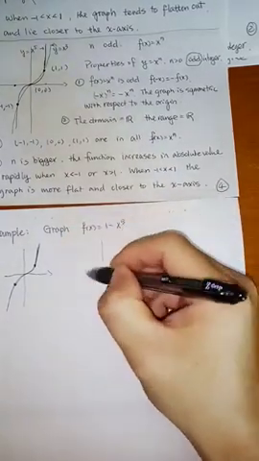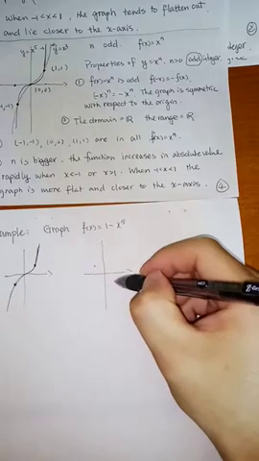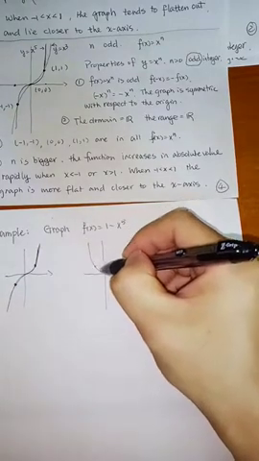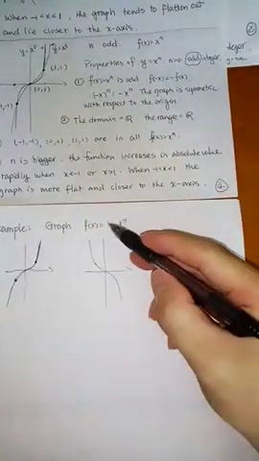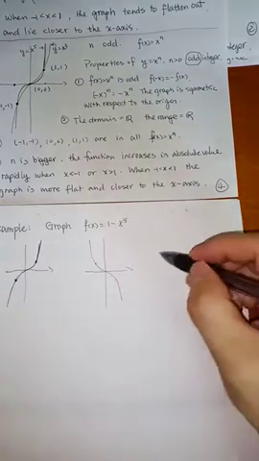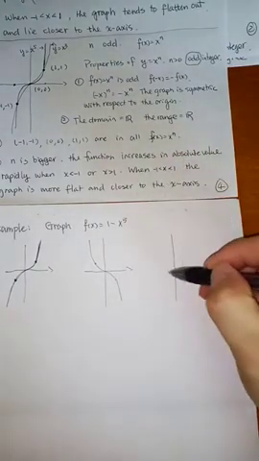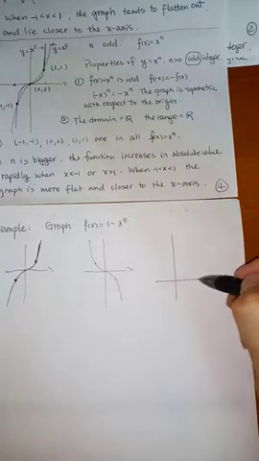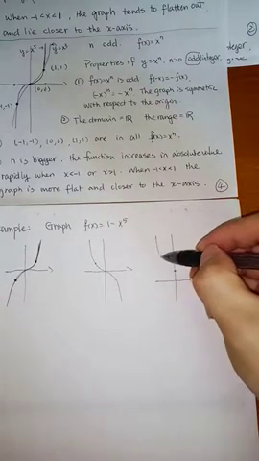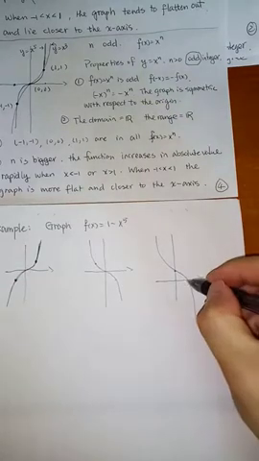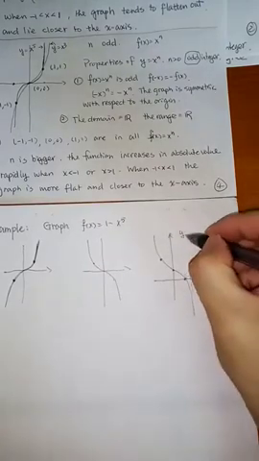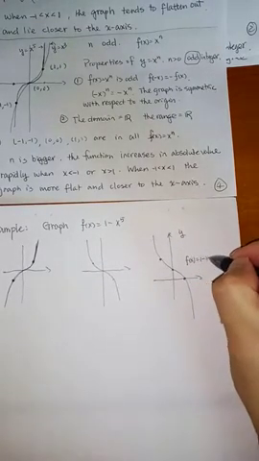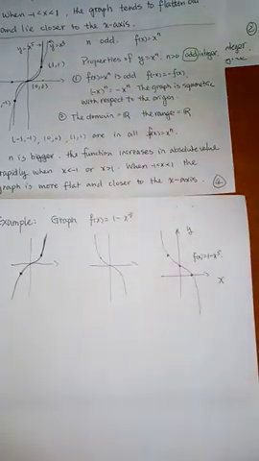And you get the negative sign, so flip it, up and down. And then plus 1. It's negative x to the 5 plus 1, so you lift it 1 unit up. And that's it.